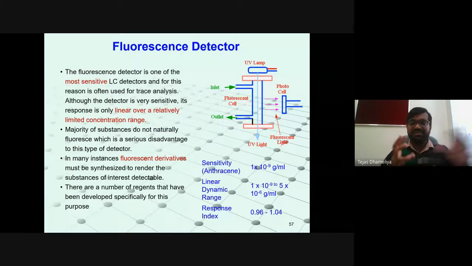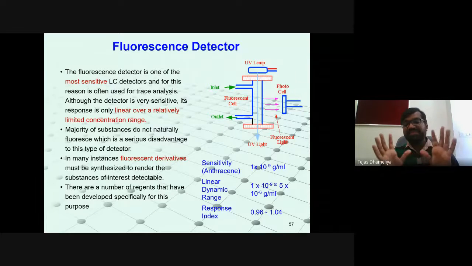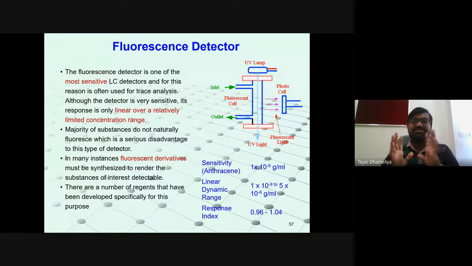The same simple principle: there is an inlet, an outlet, and in between a lens. It will pass through the cells, and fluorescent cells, photocells are there, which sense the light. What is the minimum required condition? The compound should be fluorescent in nature. If your compound is non-fluorescent, you cannot use this. So that is the limitation.